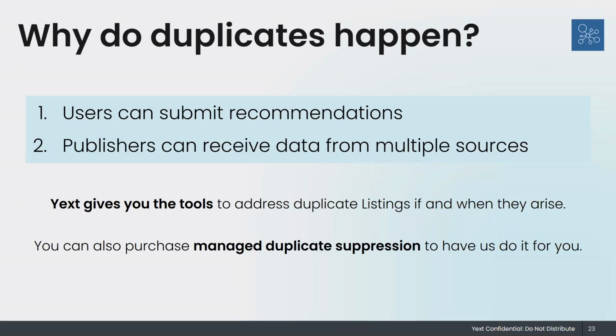Sometimes it wants all businesses to be listed on the map. Users can also submit recommendations if they're under the impression that something is different or something is wrong. So it's super, super important to make sure that your business information is consistent on all of the digital sources that you're using.